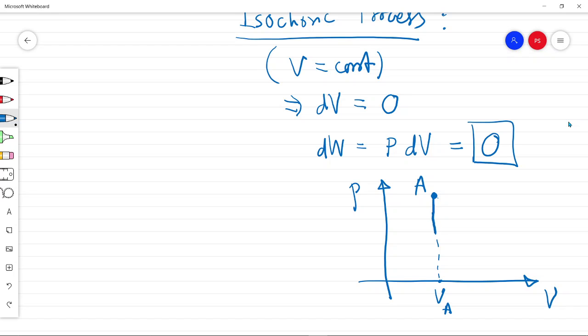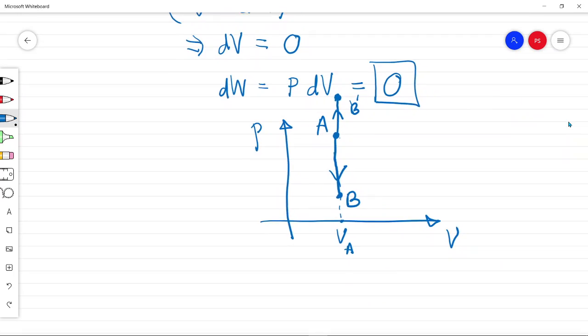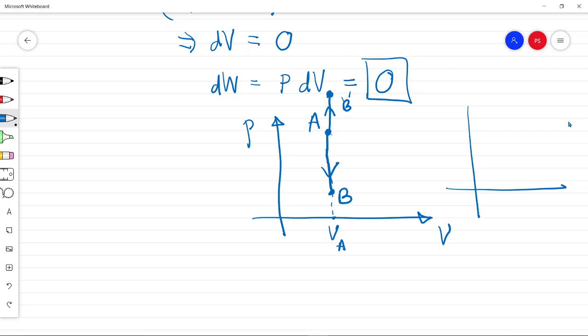One has to move vertically downwards or vertically upwards, depending upon whether the pressure is decreasing or increasing, to B or B dash. So either way, an isochoric process, which is a process at constant volume, has to be represented by a vertical line on a PV diagram.